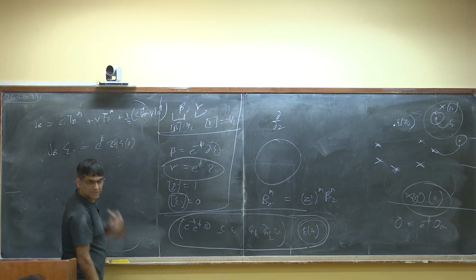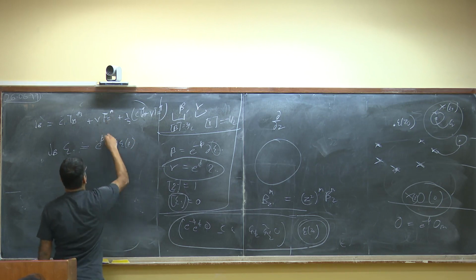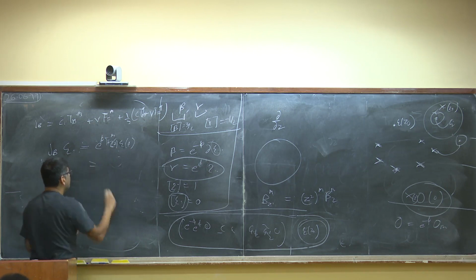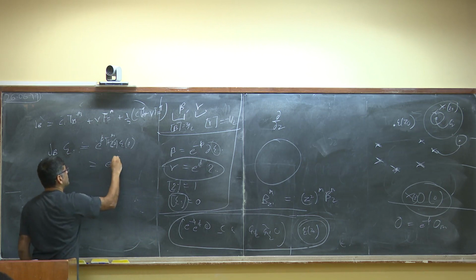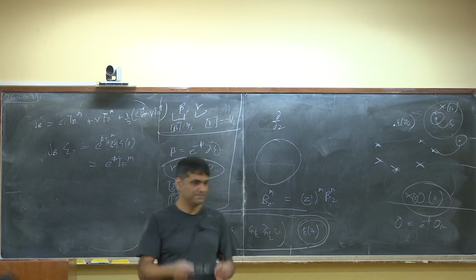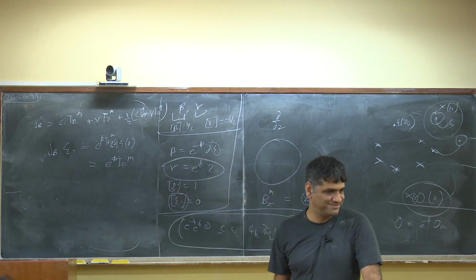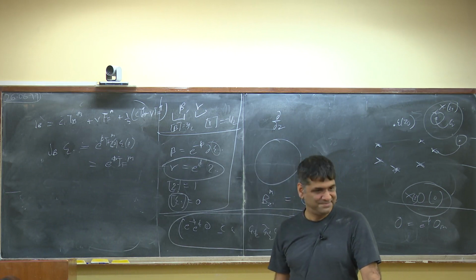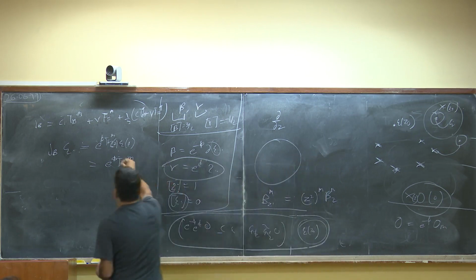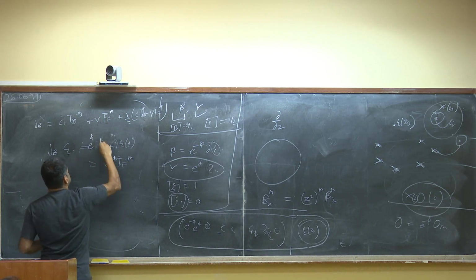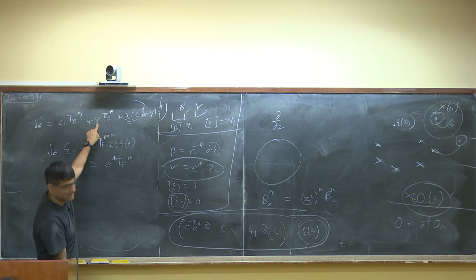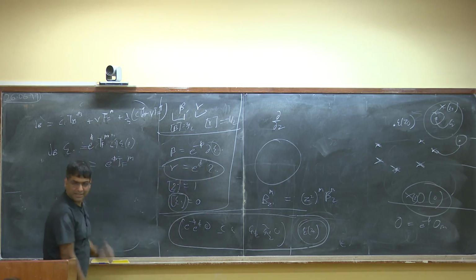This will give us a 1 by z, and there's T_F^M. So for the part involving the matter field, this is equal to e to the power phi times T_F^M. Is this clear? That is e to the power phi into T_F^M, because it came from here. We just substituted gamma was e to the power phi times eta and put that in here.